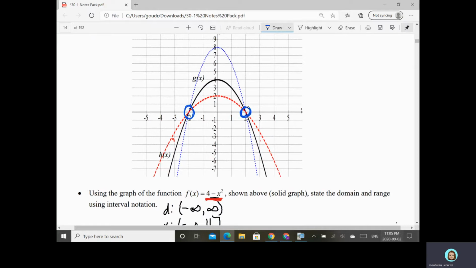And that makes sense. If we're stretching about the x-axis, anything that's lying right on the x-axis is not going to get stretched. So if we have a vertical stretch, our x-intercepts are going to be invariant.